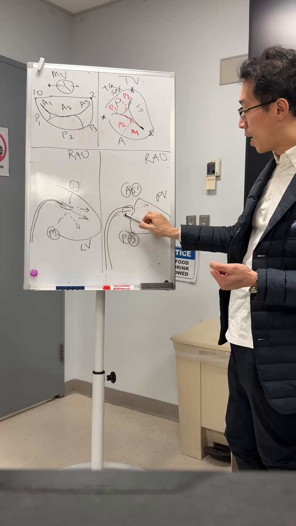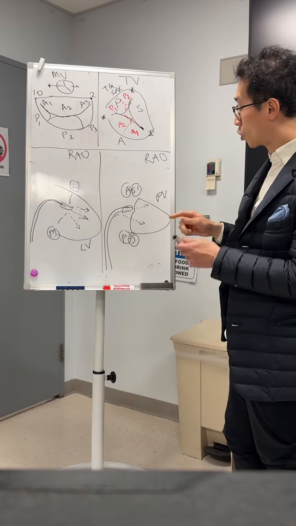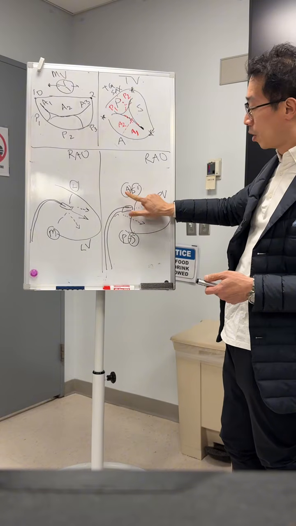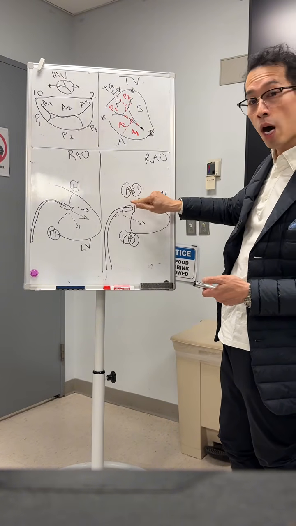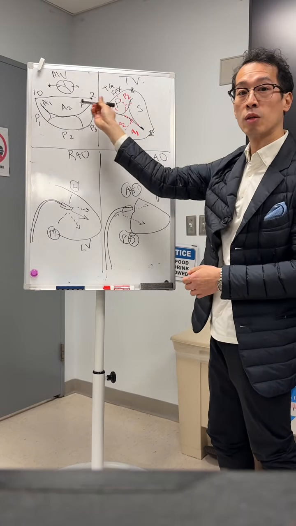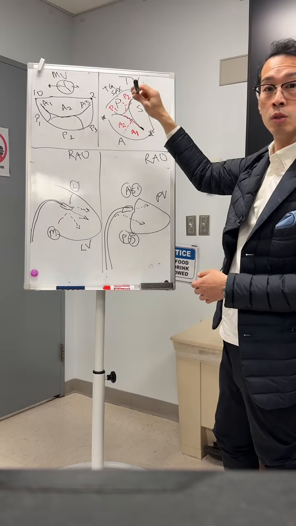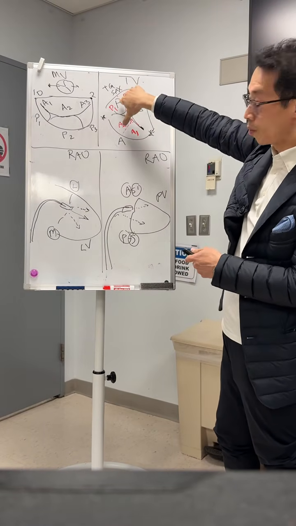So same thing for PS, it will be a different projection in terms of RAO. What you don't want to see is this situation. If you see clip arms, that means you're grasping AP. Why? Because remember, RAO projection, you're looking this way. The eye is looking this way, right? Remember, the RV is facing you. So if your clip is like this, that means you're grasping AP.